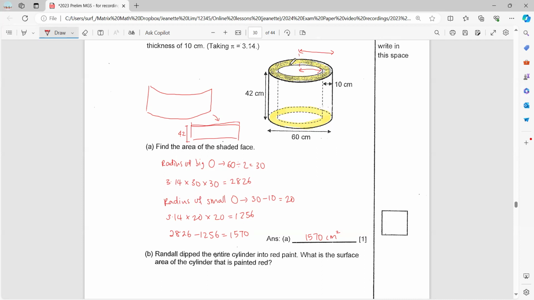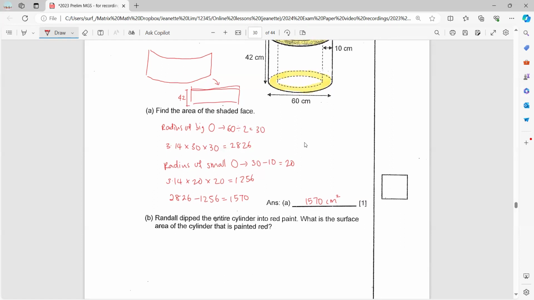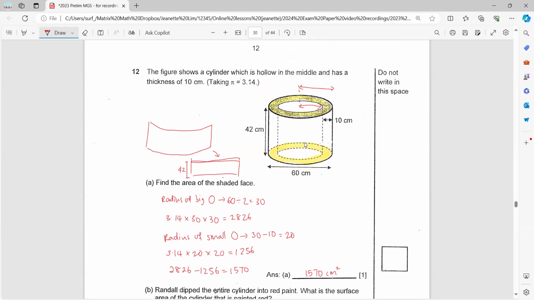So there are two rectangles that we are trying to find. One is for the inner surface area of the cylinder. One is for the outer one. So the circumference of the outer one, let's find that. Circumference using diameter, which is 60. So pi 3.14 times 60, 188.4.